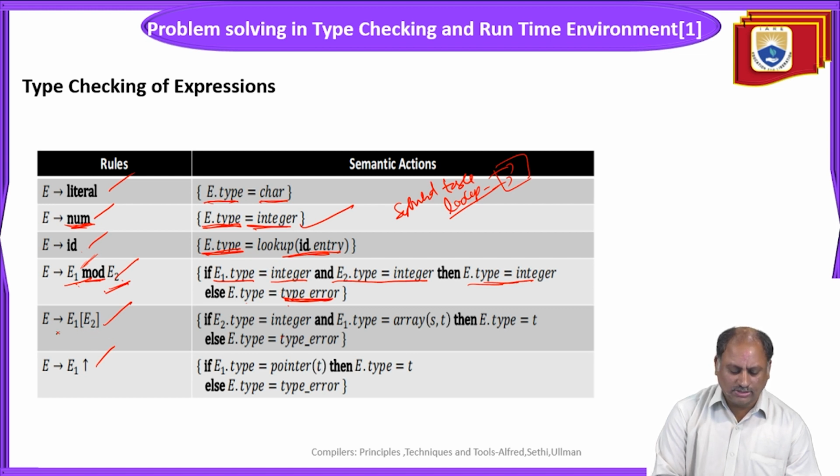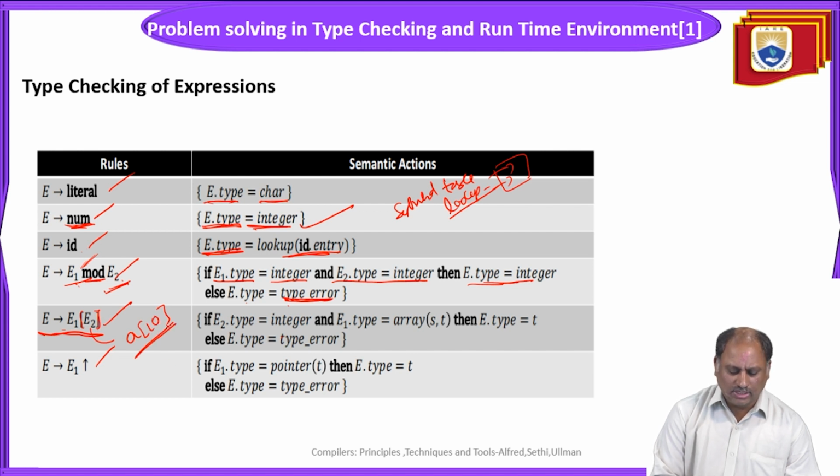Similarly, if you consider the next rule, that is e derives e1 of e2. So here e2 is not an ordinary type. The e2 type is generally within the index of this one. We are going to write, for example, a of 10. A of 10, so an array of 10 integer values holds.